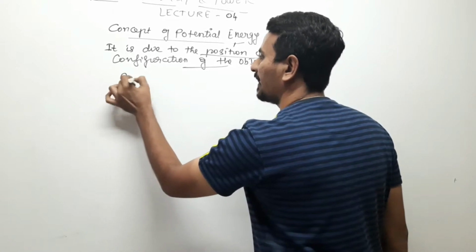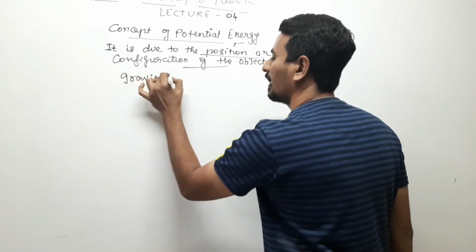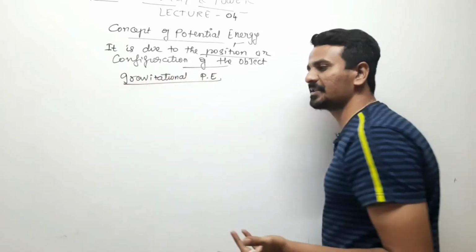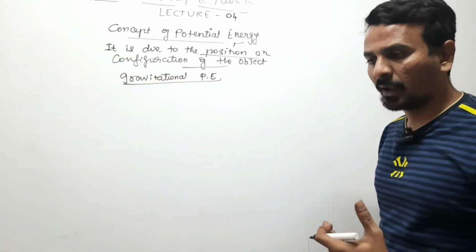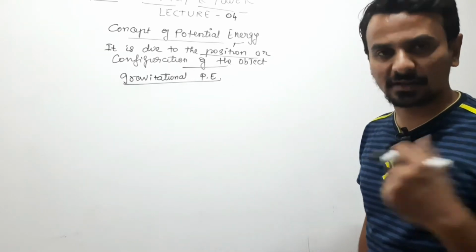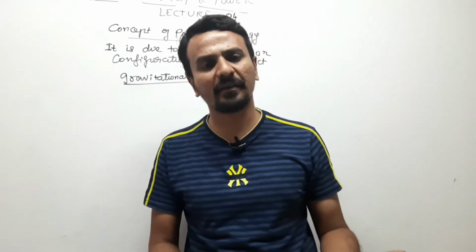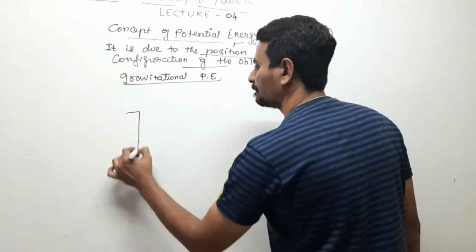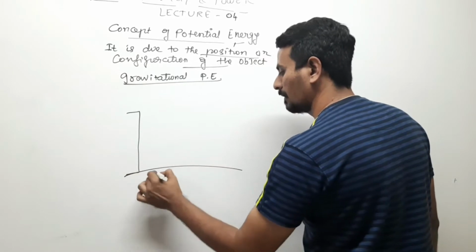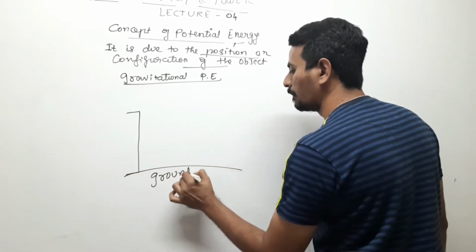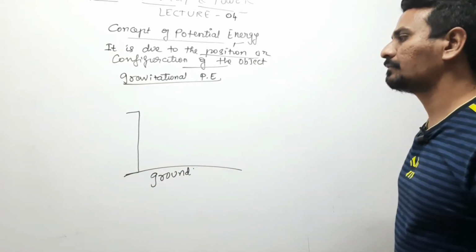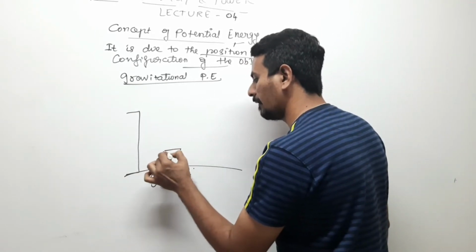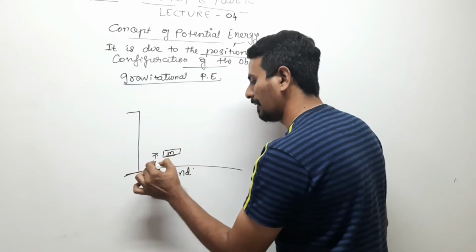Now, how to calculate gravitational potential energy? Basically, energy means work done. The more the energy spent, the more the work done. So work done is equal to energy spent. Suppose this is the ground. You are holding a body of mass m at a height y1.